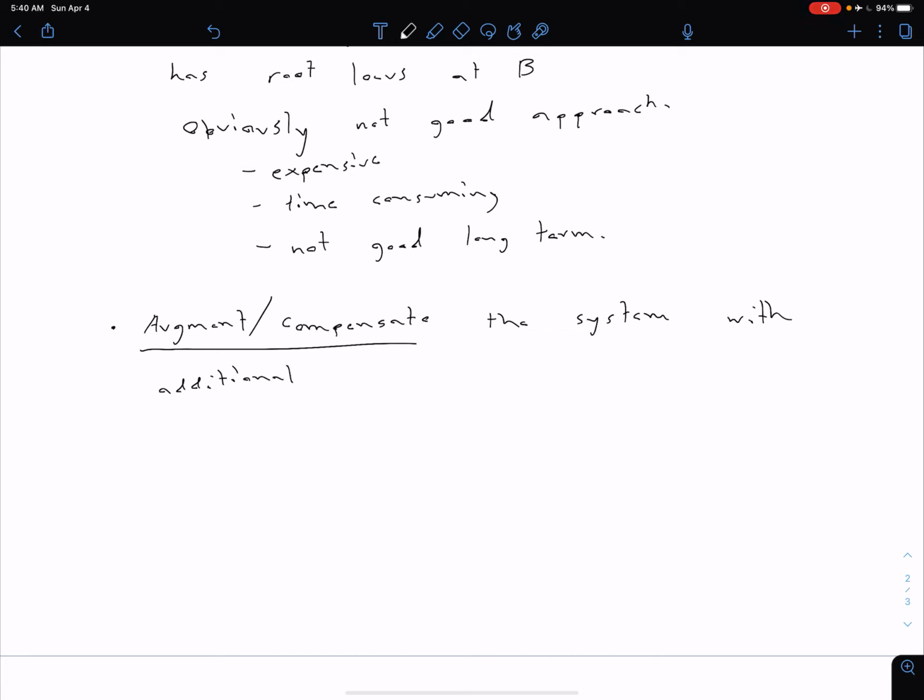And as we would expect, if we have additional poles and zeros, that's going to change our root locus. So this is going to give us what we call a compensated system. And again, the key thing here is that we are adding additional poles and zeros, and it's going to result in what we call our compensated system.